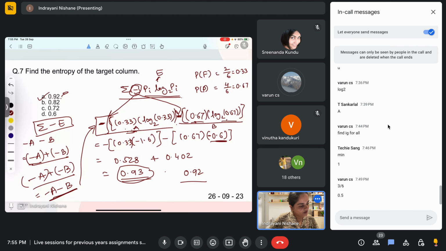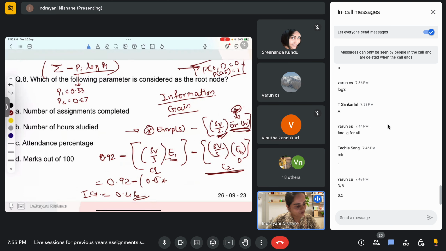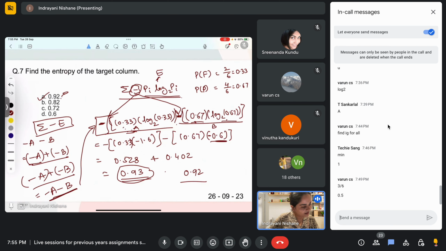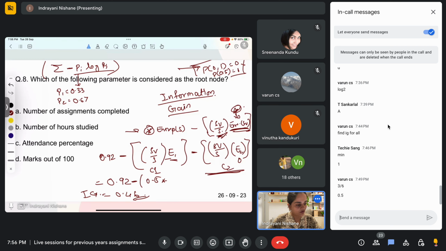If we put 1 by 3 and 2 by 3 in the formula, the same value, we have already calculated the entropy. It comes to 0.92 for this probability value. Here also the p values were 0.33 and 0.67. So that's why I reused that calculation, 0.92.